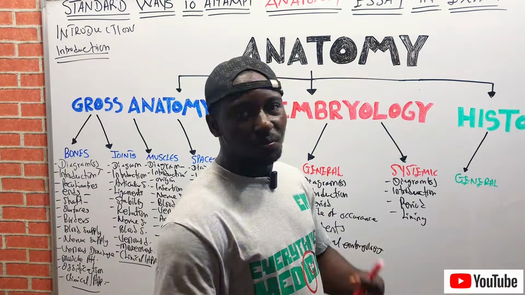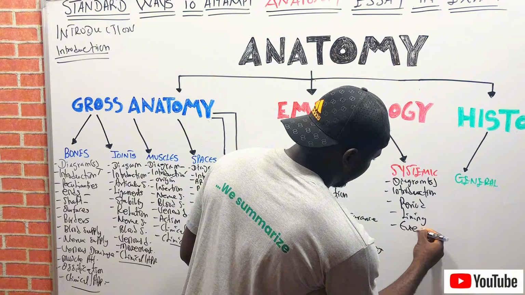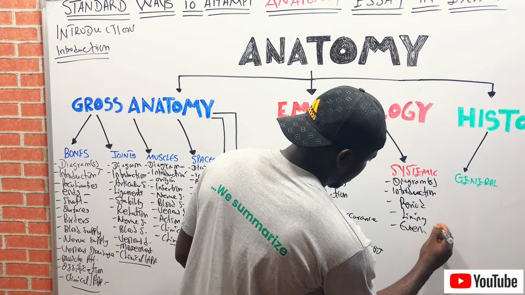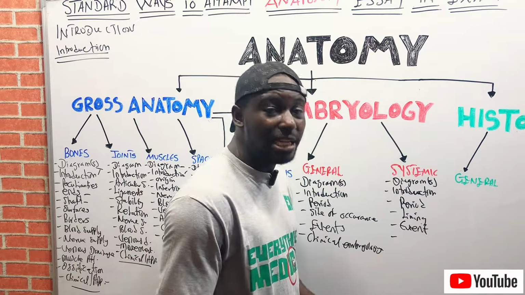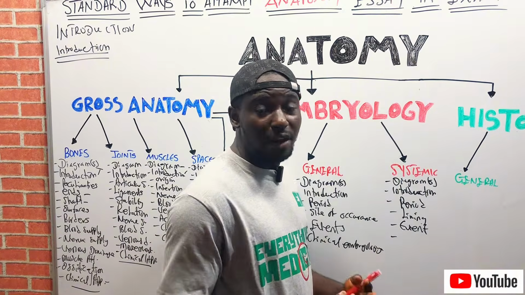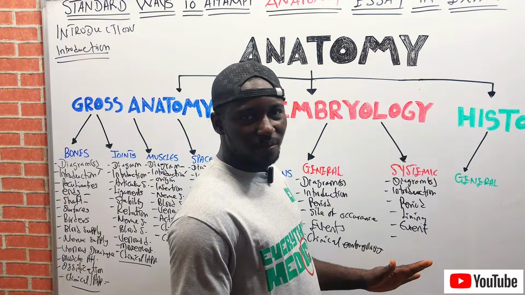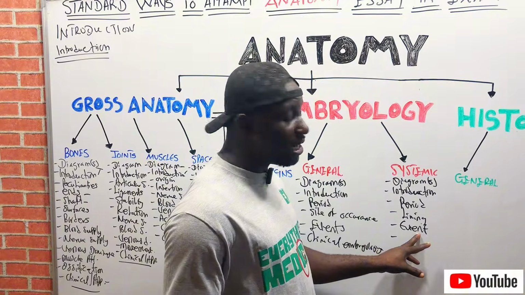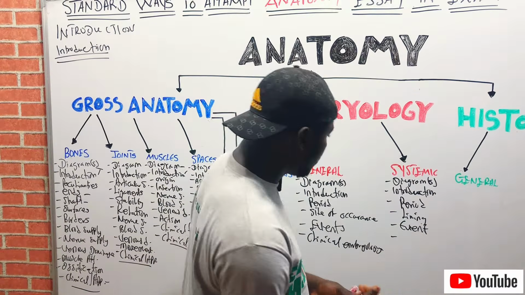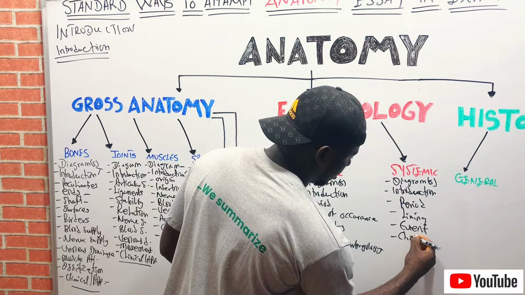You have to tell them the lining. Okay, the next is the event. Event is where you explain the diagram you have drawn. This is where you explain everything, whether it has stages or not. So last is clinical embryology.